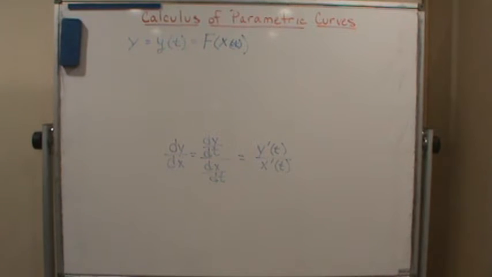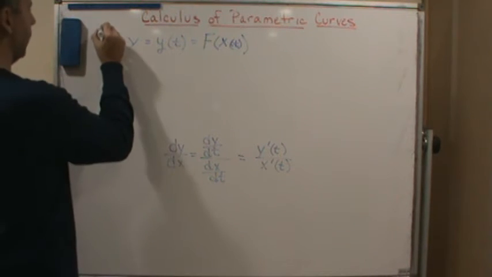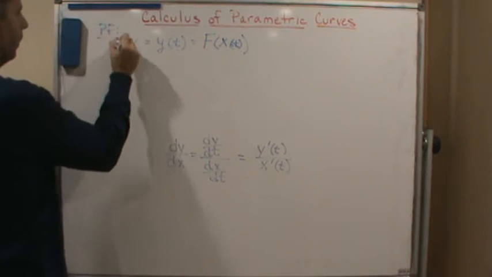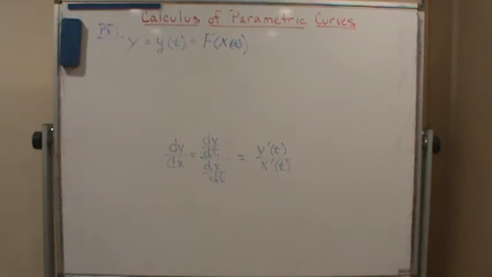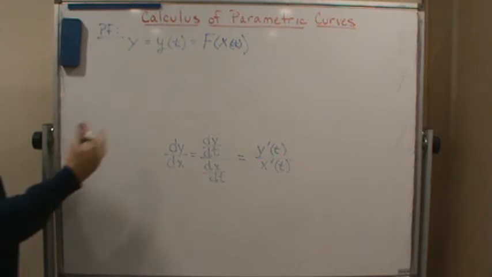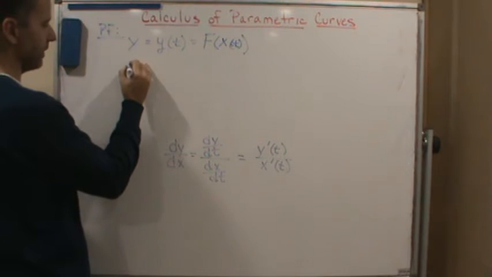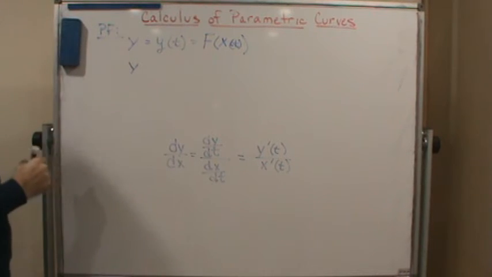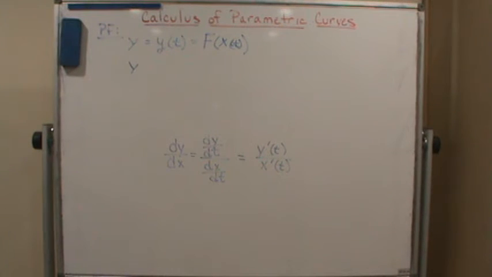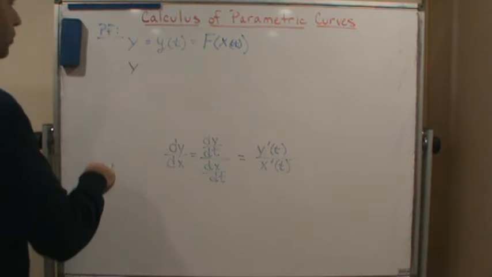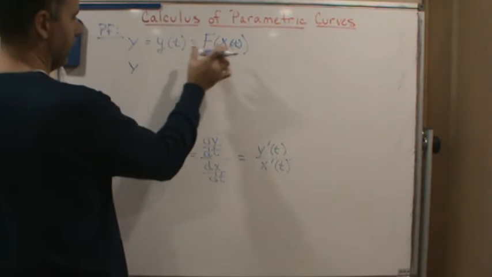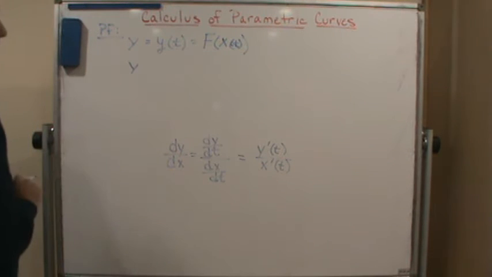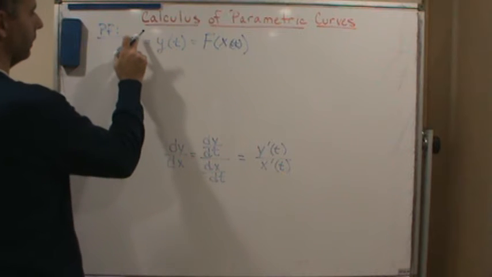Okay, so here's the proof. We're going to take the derivative of both sides. So how do we do that?